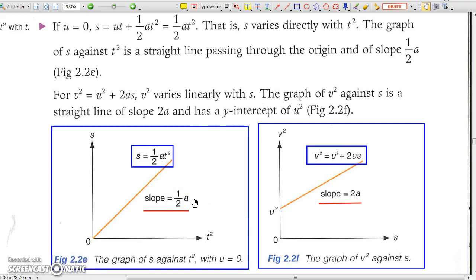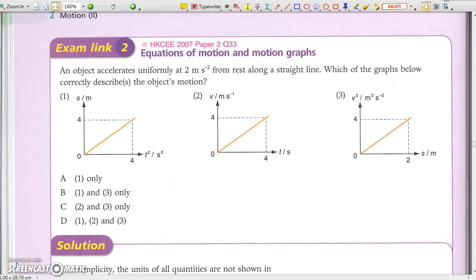On the other hand, a uniformly accelerated motion will also give a v squared s graph of slope 2a, as shown in figure 2.2f. Read the exam link on the next page. This was a 2007 Hong Kong CE multiple choice question.